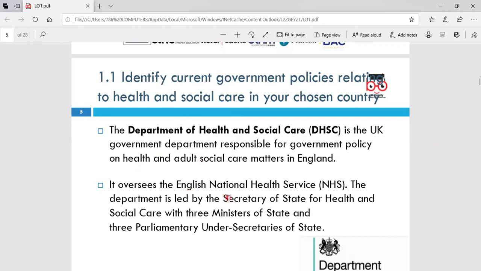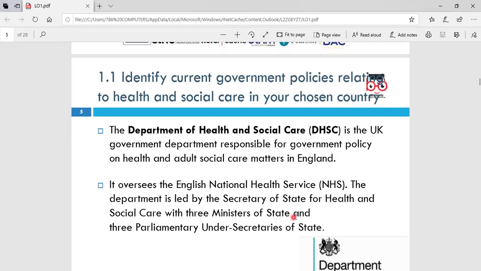So it oversees the English National Health Service, or the NHS. This is the department which is led by the Secretary of State for Health. So the NHS is led by the Secretary of State for Health and Social Care, with 3 ministers of state and 3 parliamentary under secretaries of state.